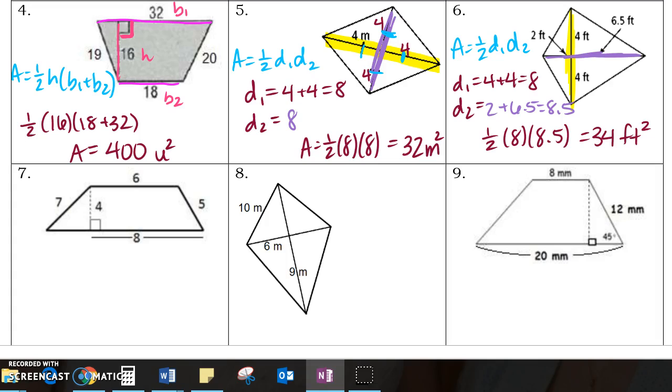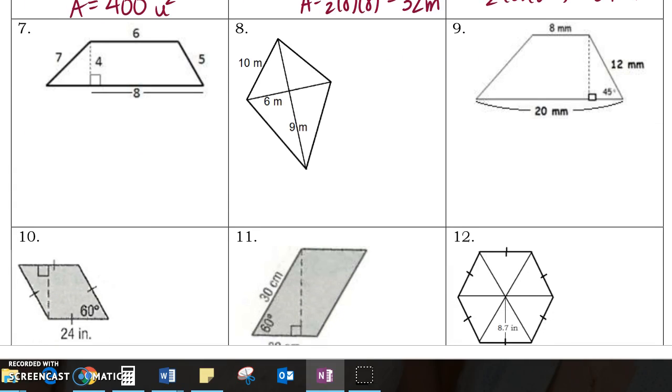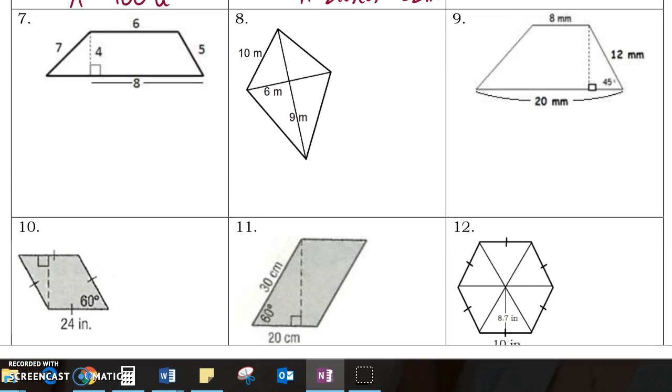Okay. Hopefully you're pausing the video to calculate these yourself, because putting them in your calculator is a skill. So, taking a look at 7, this isn't a kite, this isn't a rhombus or a parallelogram, this is a trapezoid. So we're back to using our formula for 1/2 height times base 1 plus base 2 for the area.